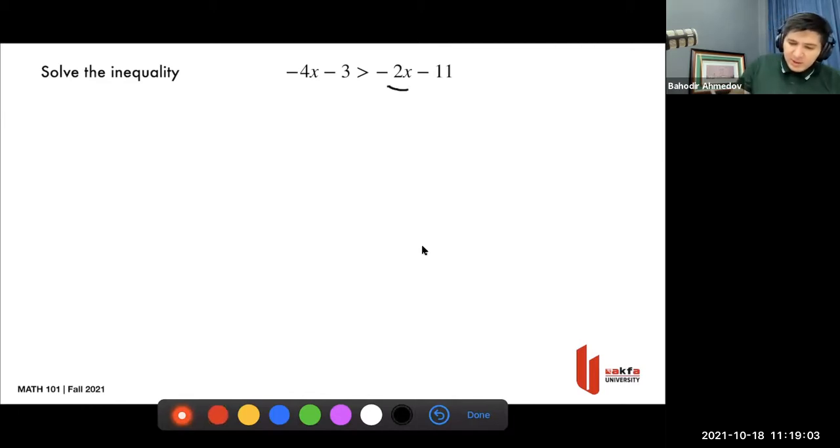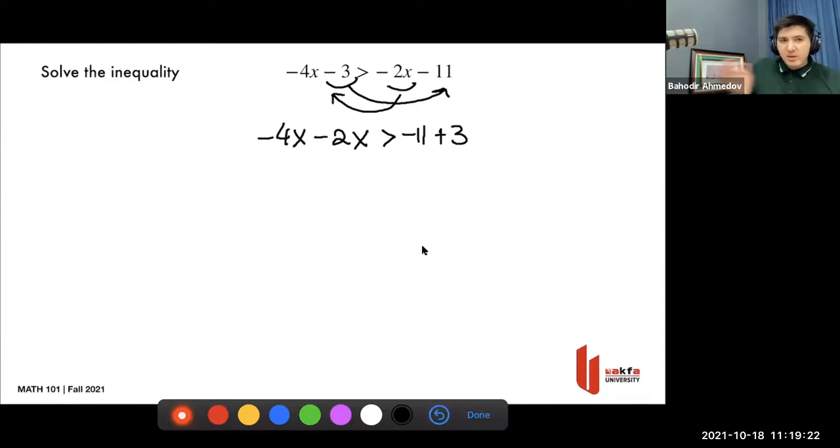So this -2 is going to go to this side and -3 is going to go to this side. So it becomes -4x minus 2x is greater than -11 plus 3, sorry. Then I'm just going to simplify the terms. So -2x is greater than -8.